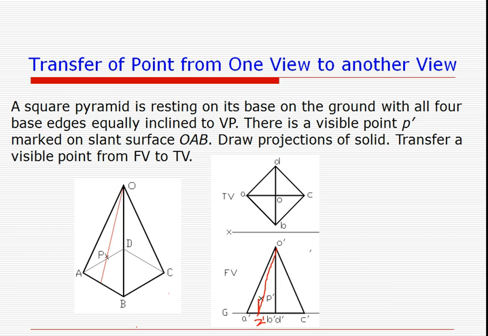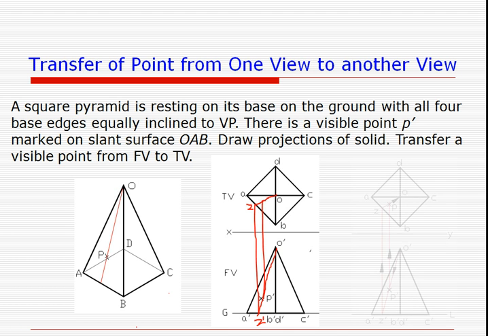So we need to get Z in the top view. How to get that Z in the top view? Because that point Z is on the base, it will end up with this location. And now OZ we can easily locate, and on OZ we'll try to get the point.